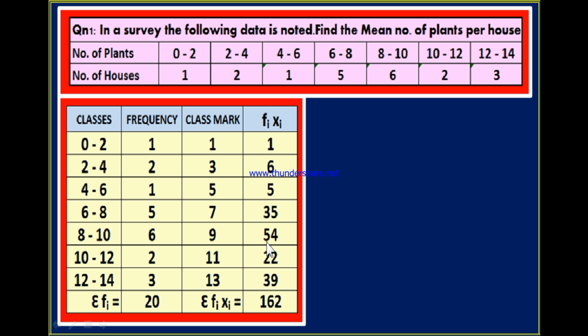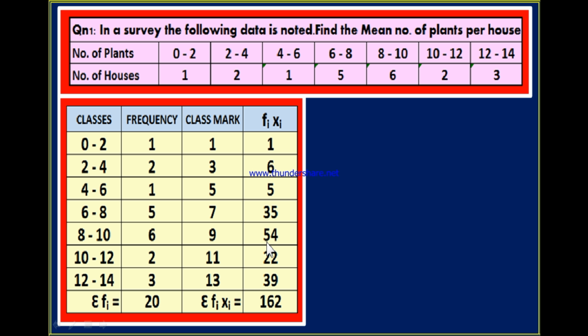These 14 workers get 250 to 300 rupees. These 8 workers get 300 to 350 rupees, and these 6 workers get 350 to 400 rupees, and these 10 workers get 400 to 450 rupees as their daily wage. Now we have to find the mean daily wage or the average daily wage of 50 workers.